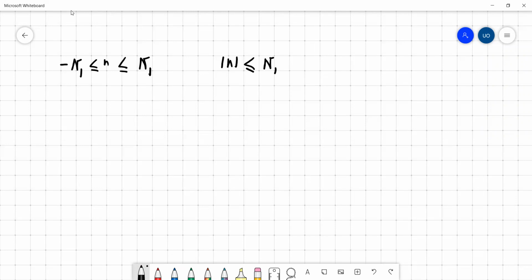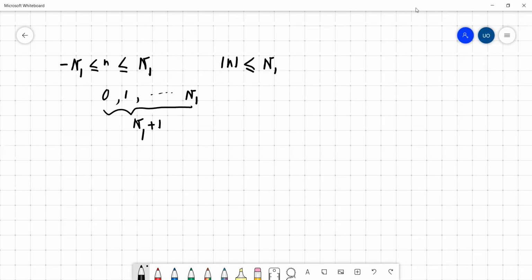These samples are packed to the values of minus N1 to plus N1. How many samples are there? We have 0, 1, 2 up to N1. So we have N1 plus 1 samples, because we are considering the sample at 0 as well.